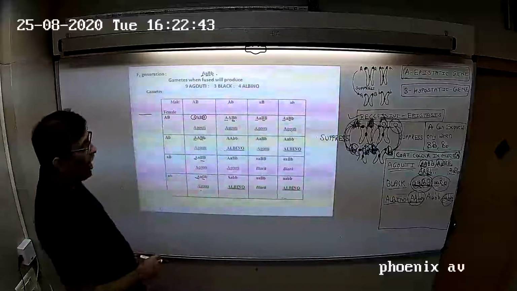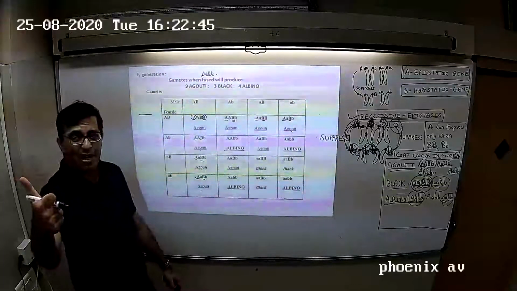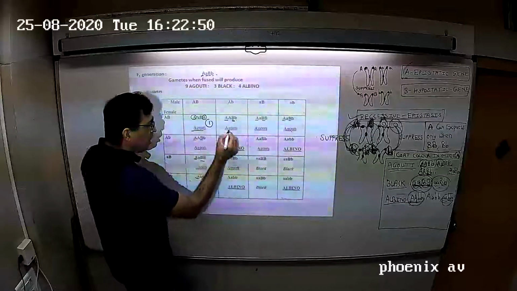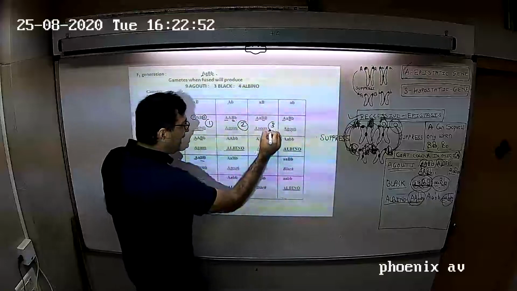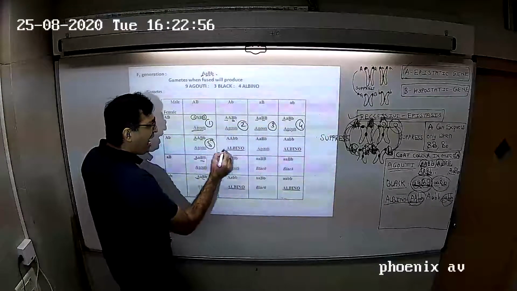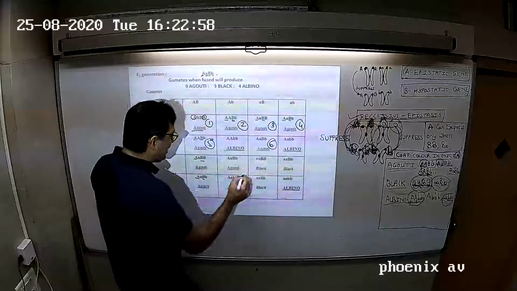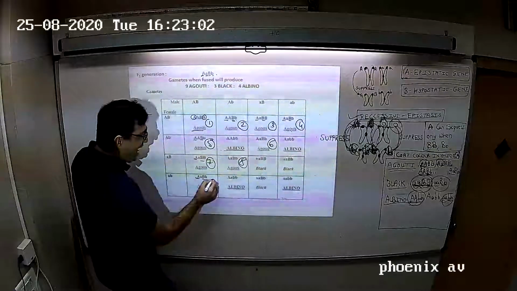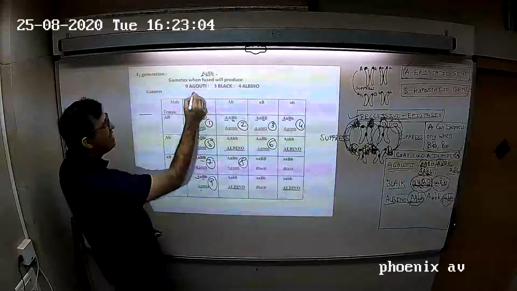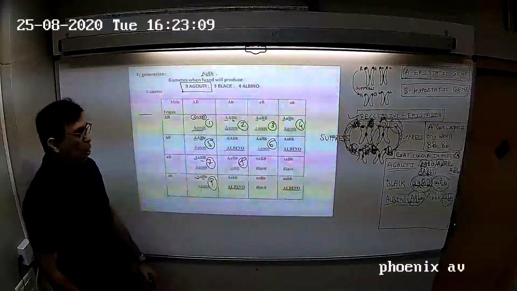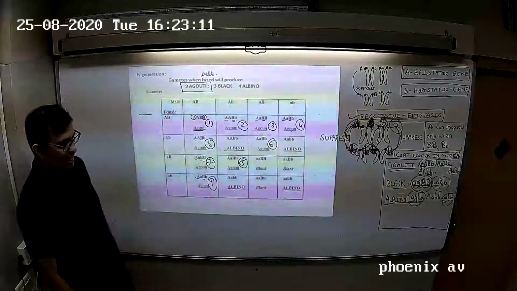So how many agouti did we get? With at least one capital A and at least one capital B, we got 1, 2, 3, 4, 5, 6, 7, 8, and 9. So 9 agoutis.